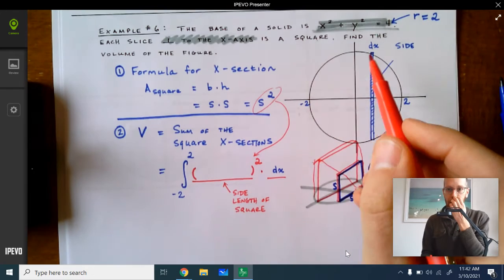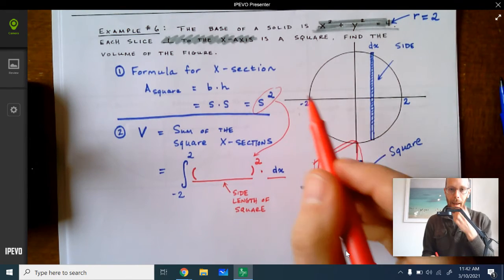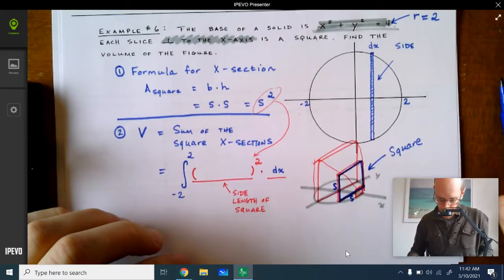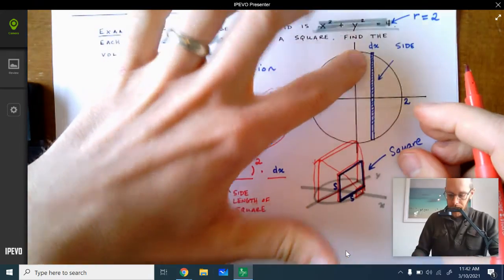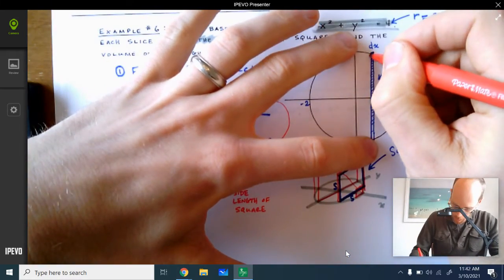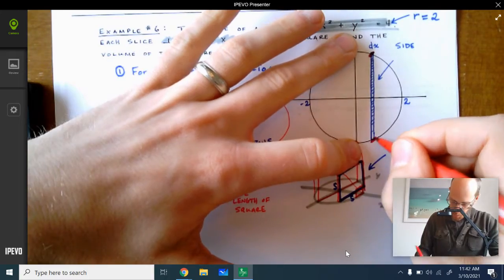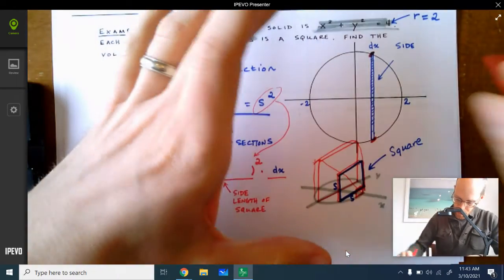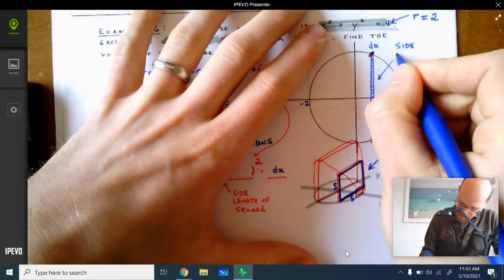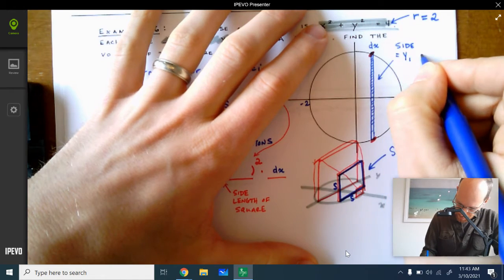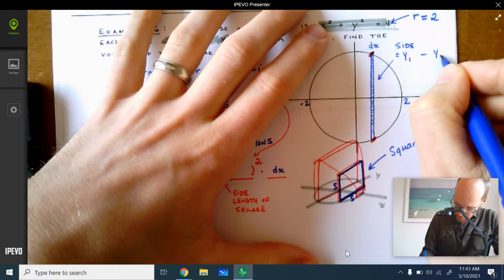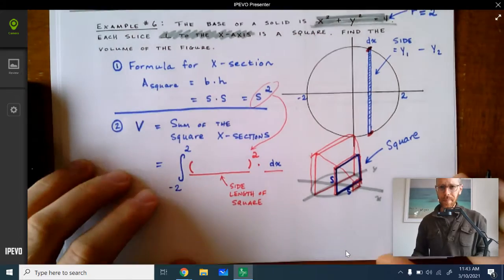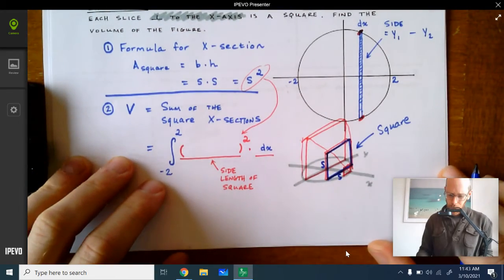Well, we defined this right here as the side length of a square. So this side length is the difference between the y value here and the y value here. So I'm going to write that as y1, take away y2. And this one's kind of a weird one.